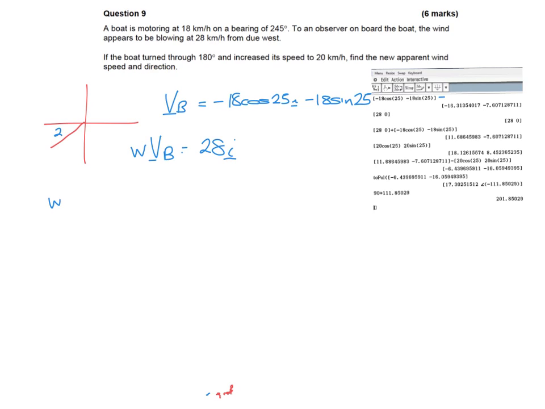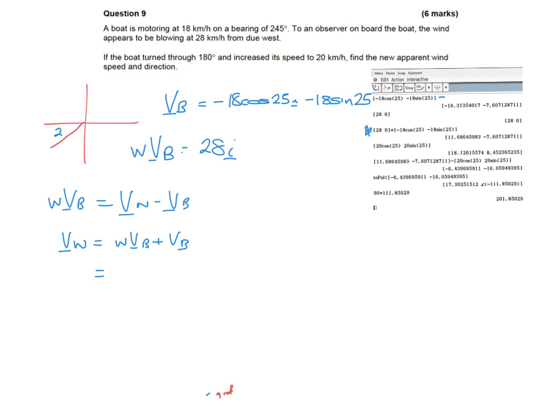Knowing that V_WB is equal to V_W minus V_B, that's a formula that you should know. That becomes that the velocity of the wind will be the relative velocity plus the velocity of the boat, just by rearranging that formula. So I can get the velocity of the wind, that's my second line in here.